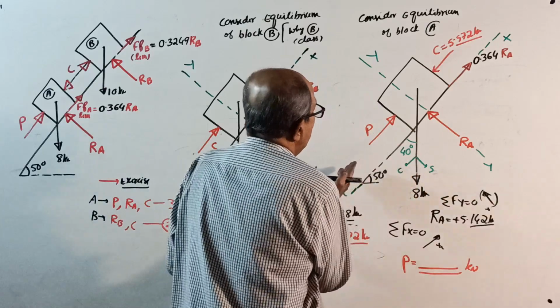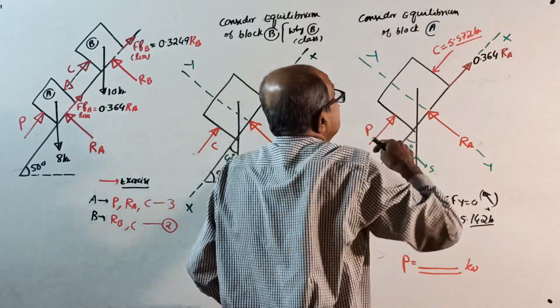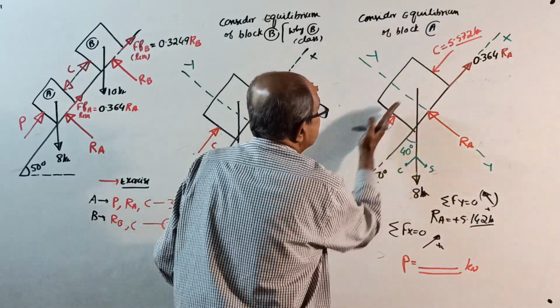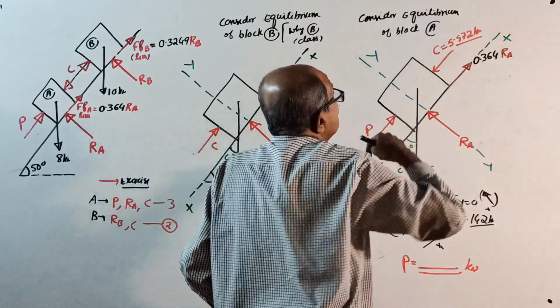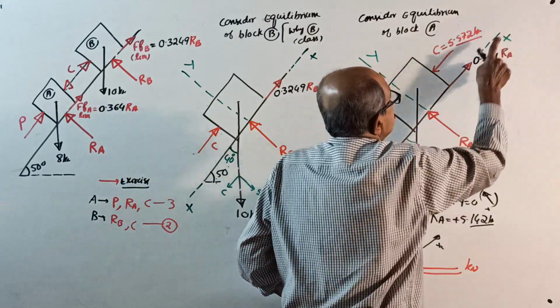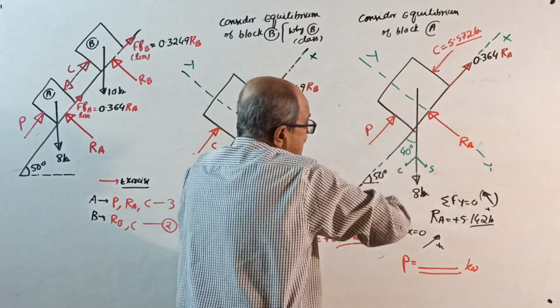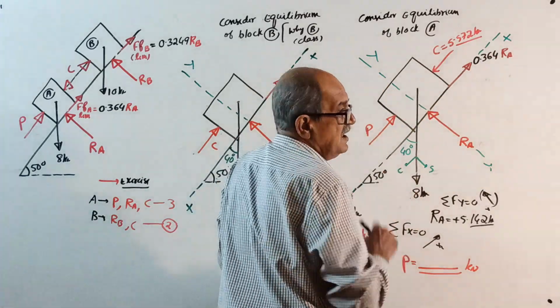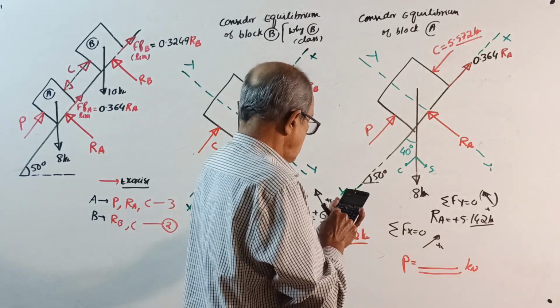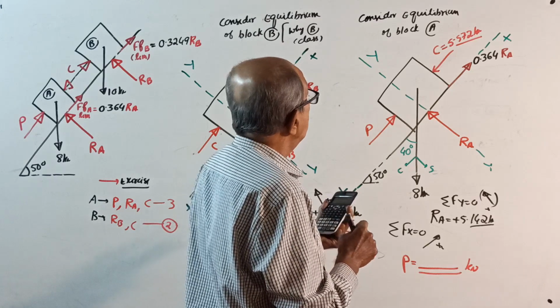Then sigma Fx equals 0, take this way, right side positive. See, I will dictate. Plus P, this is directly along XX, plus P minus 5.572 plus 0.364, this is not there, minus 8 cos 40 equal to 0. So 8 into cos 40, that is the sliding force.